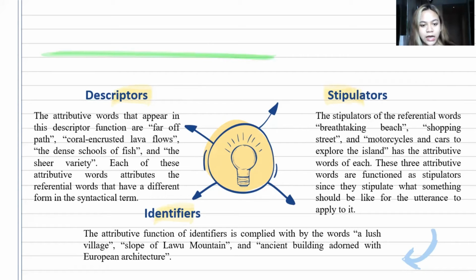While in the identifier, there are a large village, slope of low mountain, and ancient building adorned with European architecture. And in stipulators, there are breathtaking beach, shopping street, and motorcycles and cars to explore the island.